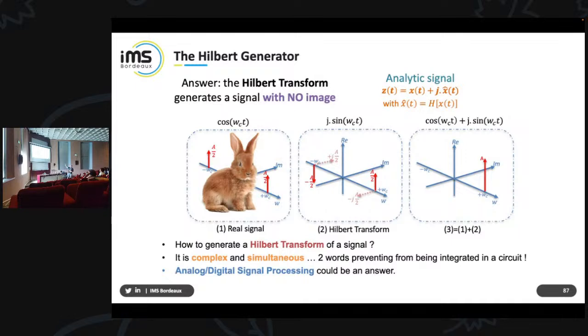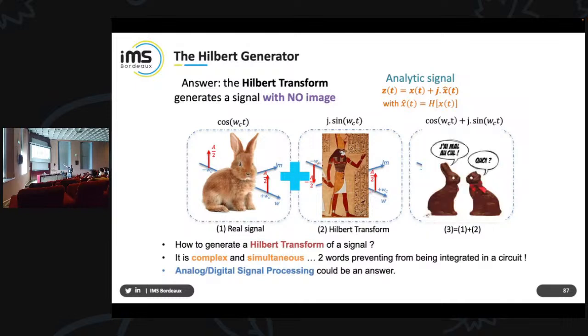And you make the Hilbert transform of the rabbit. The Hilbert transform of cosinus is a sinus. So I call it a pharaoh, because the pharaoh is like that, with the hands, but in the imaginary part. And if you combine a rabbit with a pharaoh, you will kill one of the harmonics, the negative one.